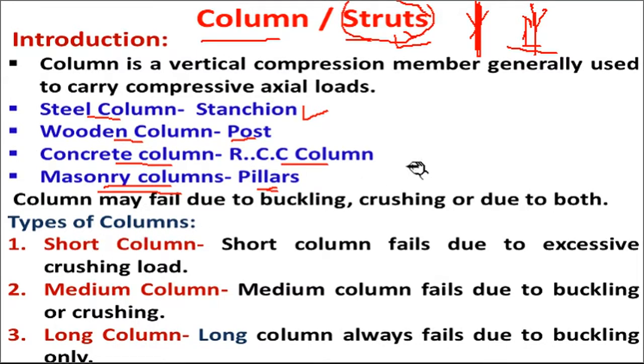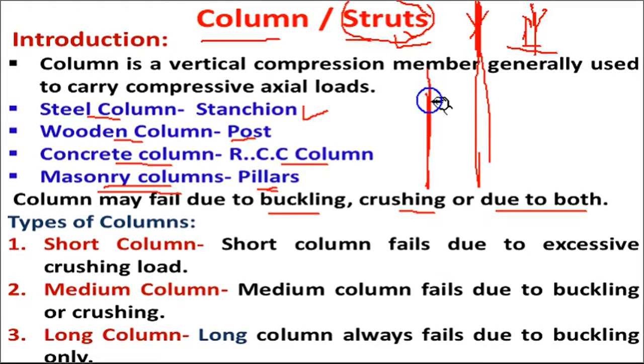Now a column is a vertical member. This column may fail due to buckling, crushing, or both. When the length is much more, then whenever compressive load is acting on the column, it is definitely going to buckle.